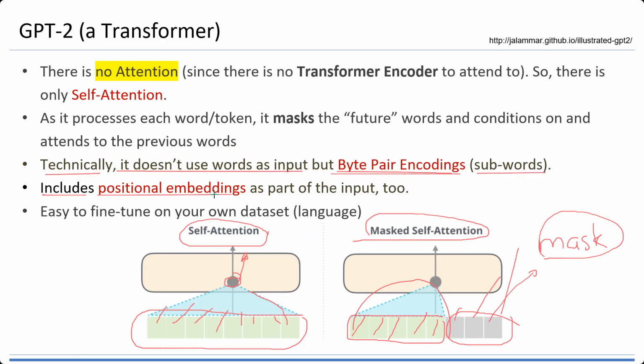We learned about positional embedding in the transformer. So after we have this BPE, the byte pair encoding, and the positional embedding, we can fine-tune it to our own data set. We will learn more about fine-tuning next week.